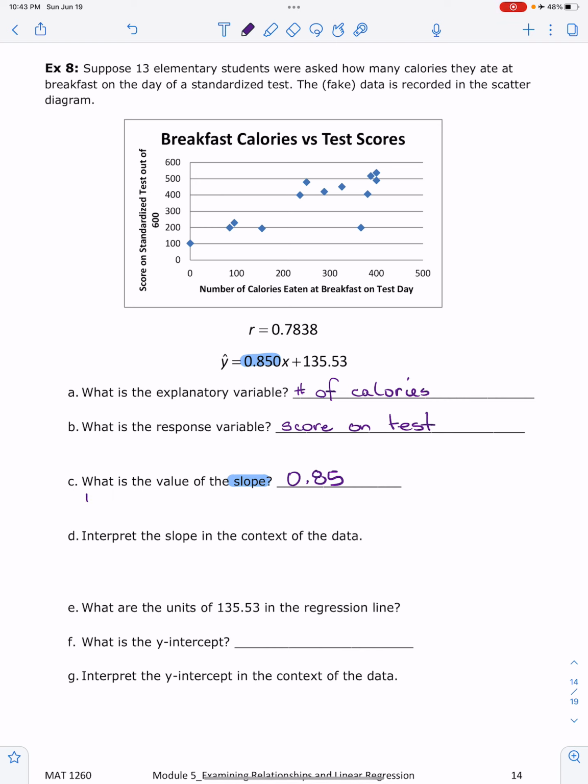So the score increases because it's a positive 0.85 by 0.85 points for every 1 calorie eaten at breakfast.